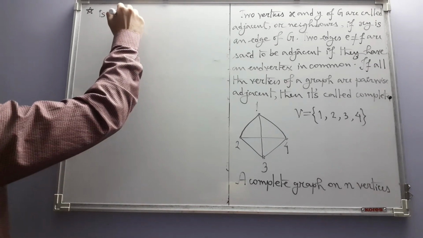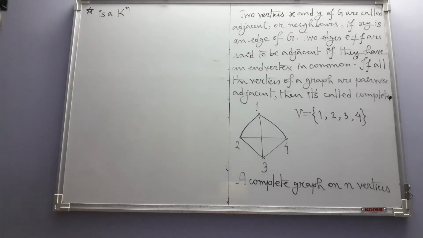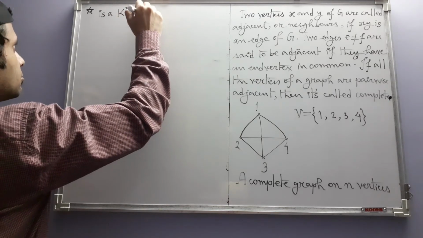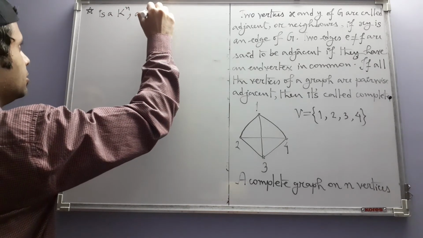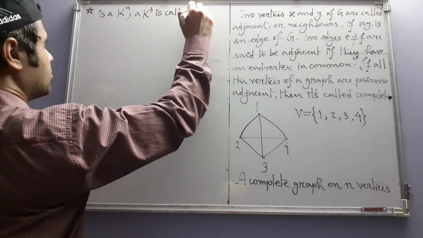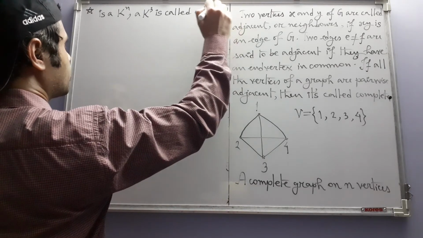Some people write this n as a suffix, but here the author has decided to write n as a superfix. A K3 is called a triangle.